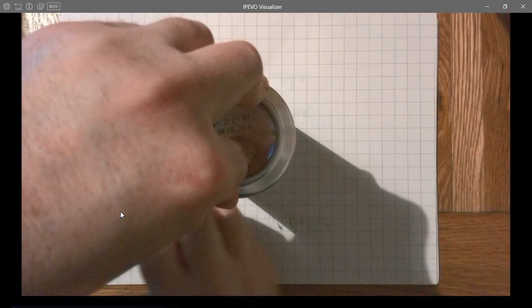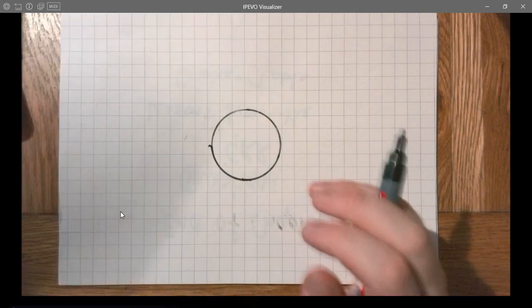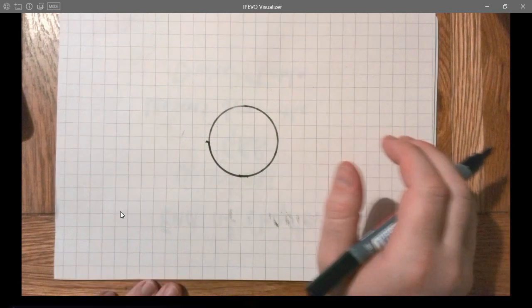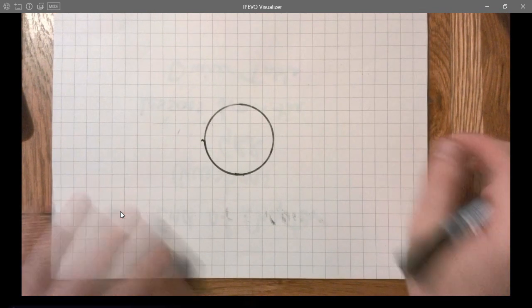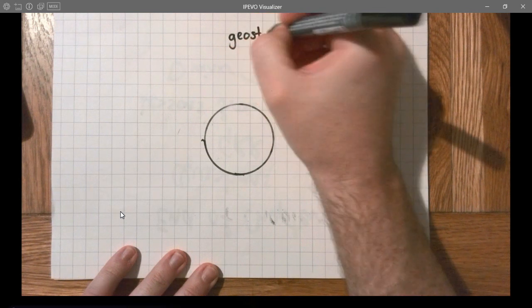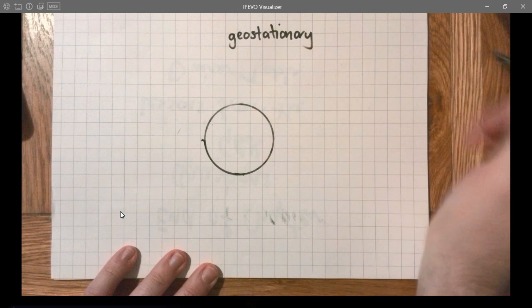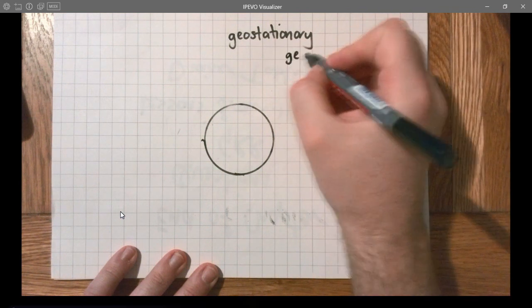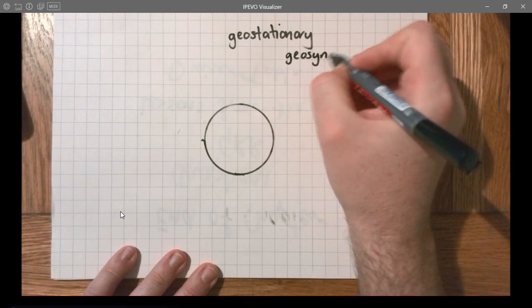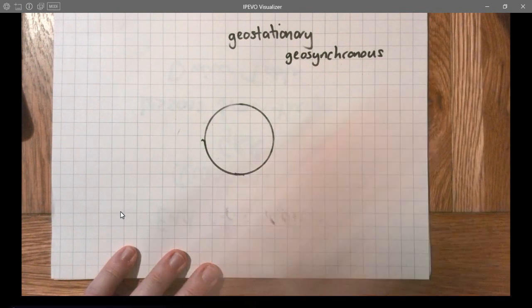Now, we're going to look at a satellite, and the satellite is called a geostationary, or sometimes called geosynchronous, satellite.